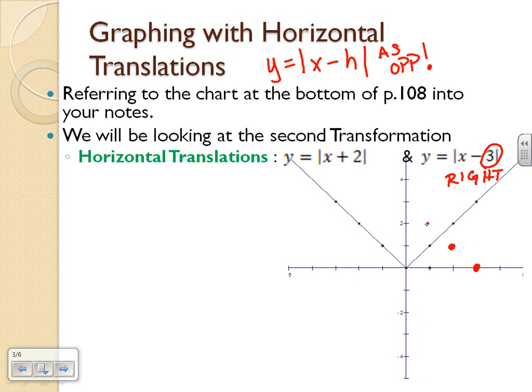Up 1 over 1. Our axis of symmetry shifted with our vertex and is now running through x equals 3. And then we have a reflection of those points happening equally on the other side, creating our V shape.